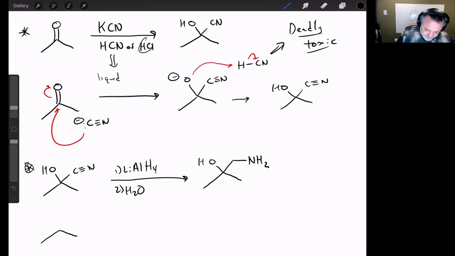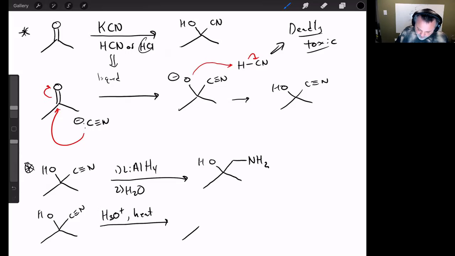I can also oxidize it, or not actually oxidize it. I can change its functional group, because if you were to calculate the oxidation number of the carbon in a C triple bond N, you would get the exact same oxidation number as you would for the product of the reaction of that group with acid. So it's not strictly oxidation in the sense that you're changing the oxidation number, but it is oxidation only in the narrow sense that you are adding bonds to oxygen.